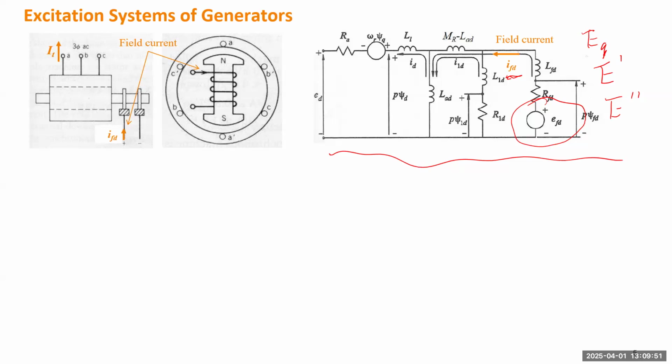The field current is flowing in the winding of a rotor, and the current going to the external system for this circuit will be I_D. I_D is just the real part of the terminal current. If you take a look at any single phase, you can use I_T for the terminal current going to the system.